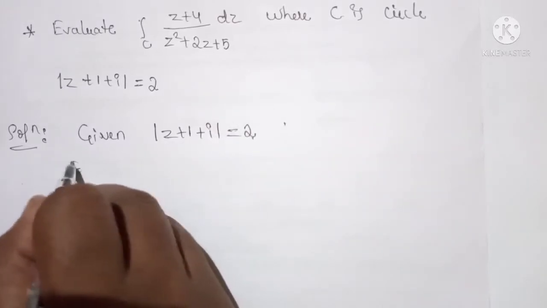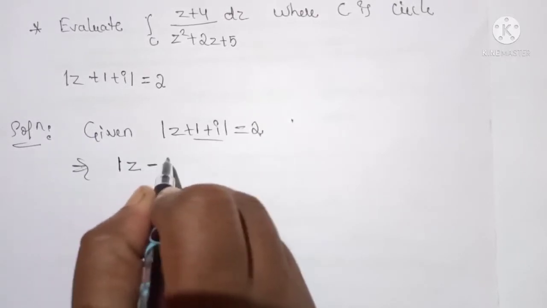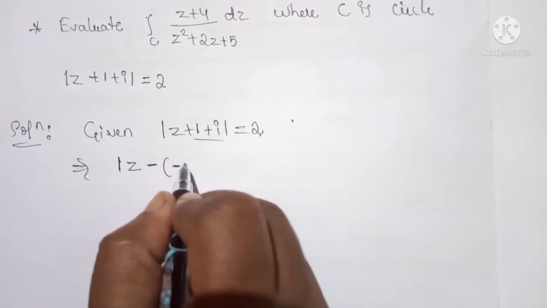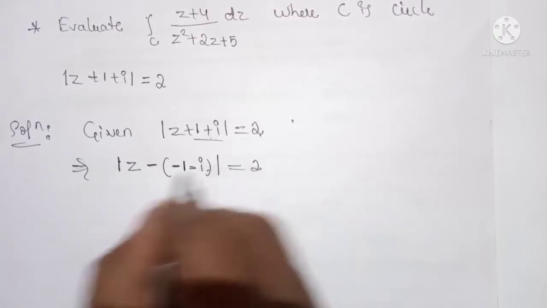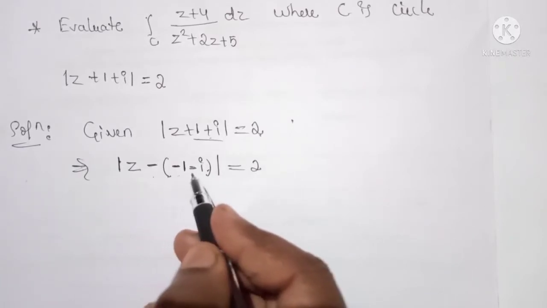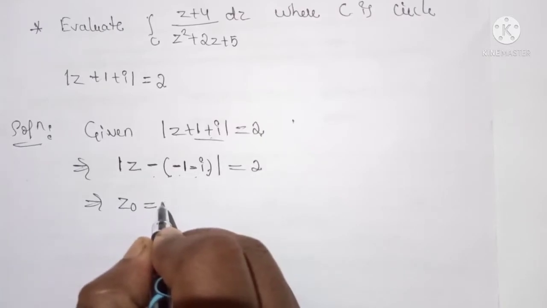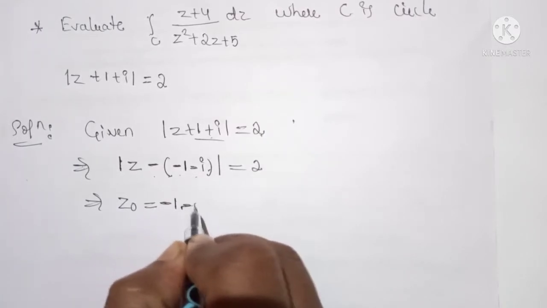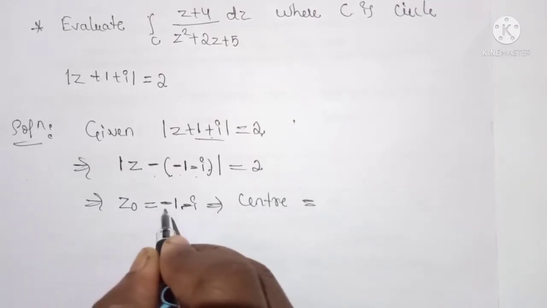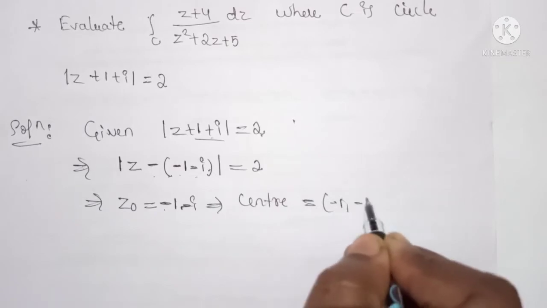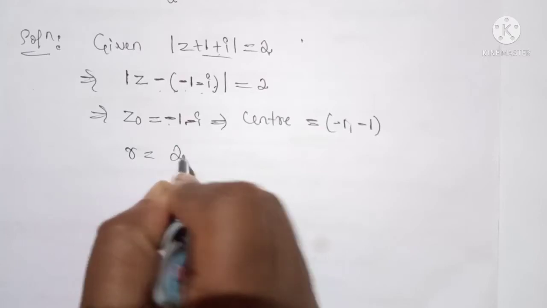So this can be further written as z minus of minus 1 minus i. So z naught equals minus 1 minus i, implies that center is at minus 1 comma minus 1, and radius is equal to 2.